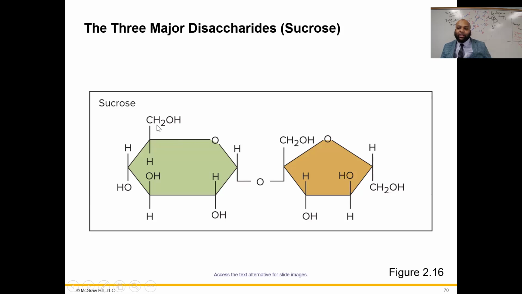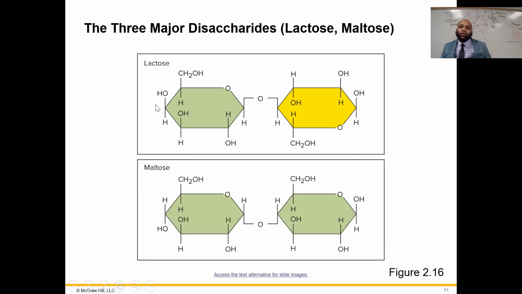You see, we joined them. That's sucrose. Sucrose is double ring, so it's a disaccharide. So that's glucose. And who's the second one? Fructose. Glucose and fructose. Lactose, again, glucose and galactose. Maltose is again glucose and glucose. So we pair them up.